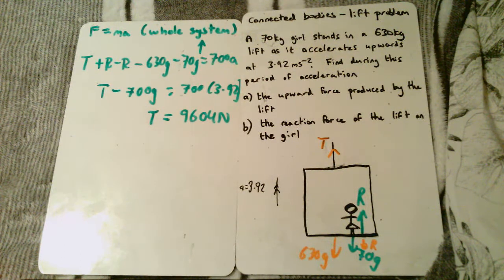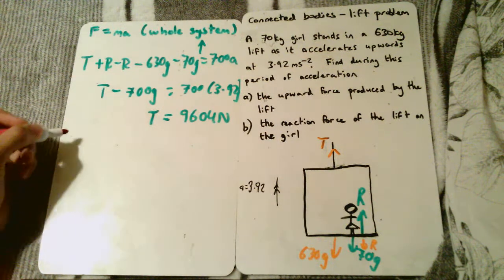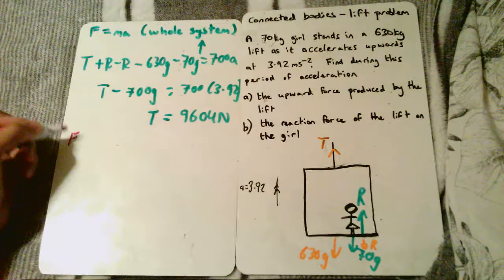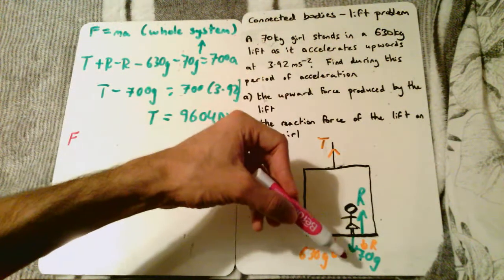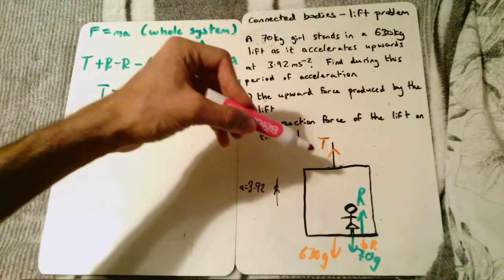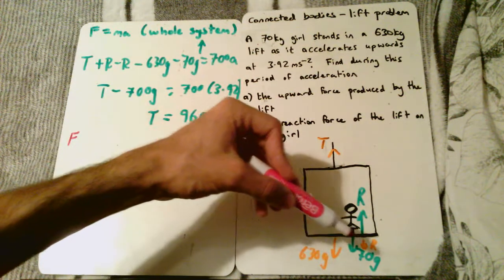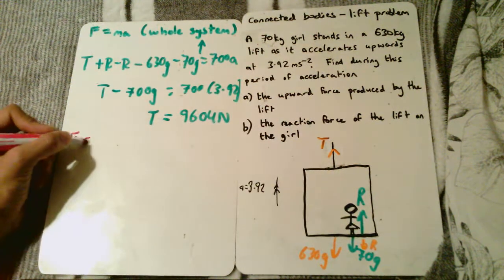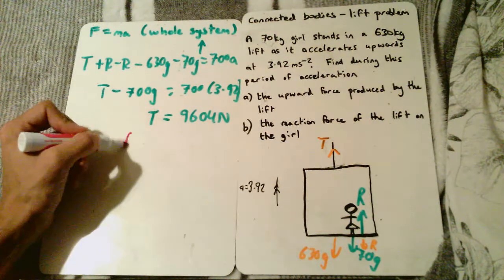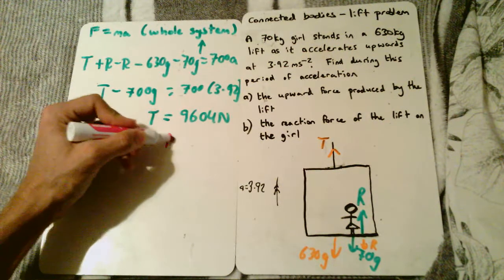Now part B says the reaction force of the lift on the girl, which refers to R. Now for this, we could do F equals ma on either the girl or the lift. It doesn't actually matter which one we choose. For this example, I'm going to do it on the girl because there's less forces on the girl. If we look, there's only the R and the 70G on the girl, whereas on the lift, there would have been the tension, the 630G, and the R as well. So we look at F equals ma on the girl going up.